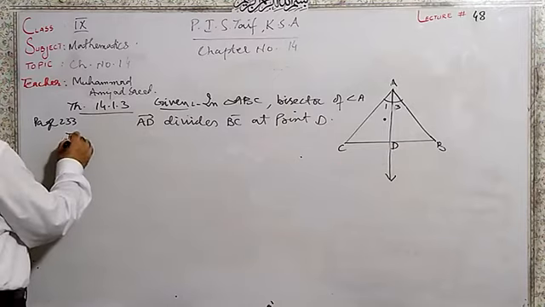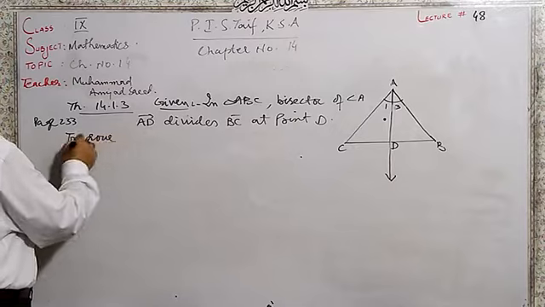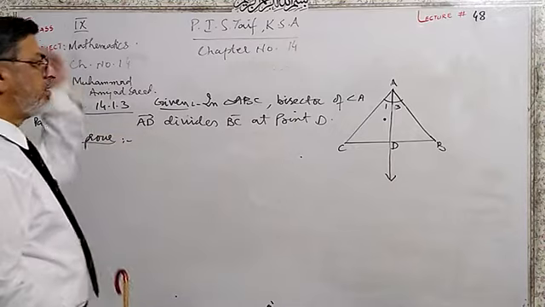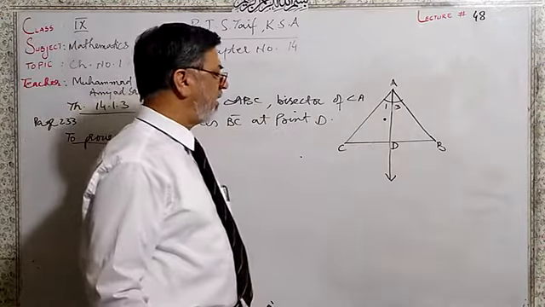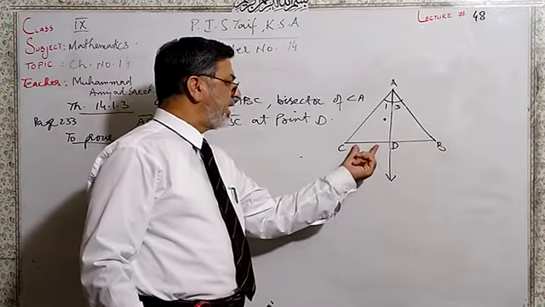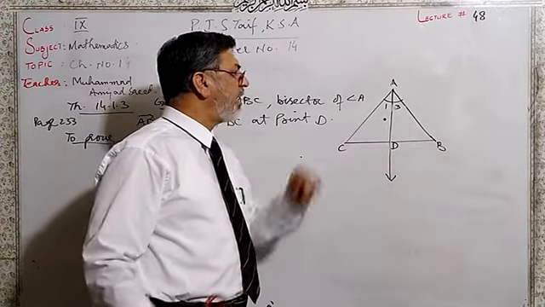To prove: the internal bisector of an angle divides the opposite side in the ratio of its arms.